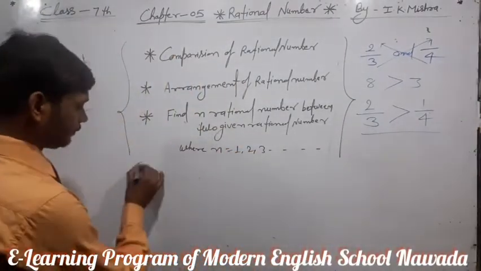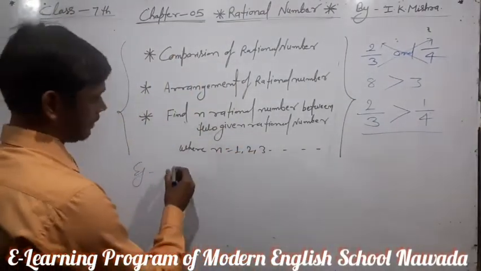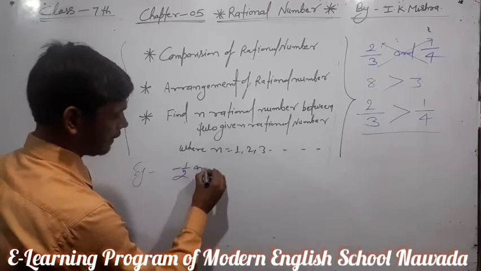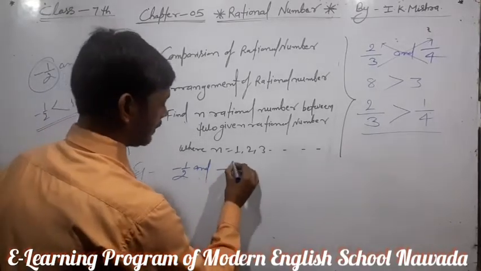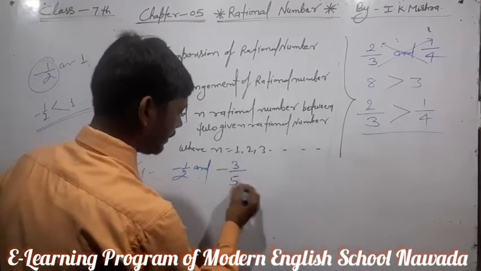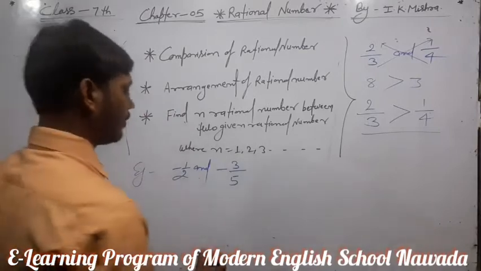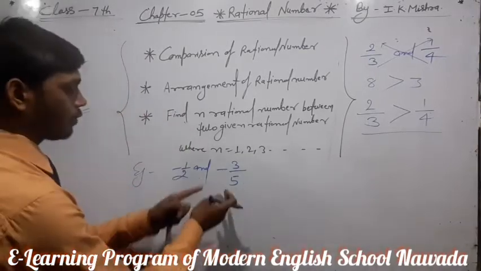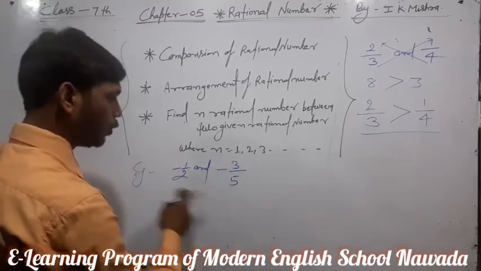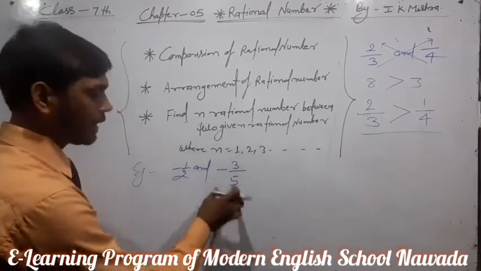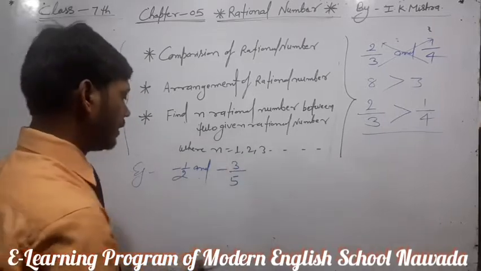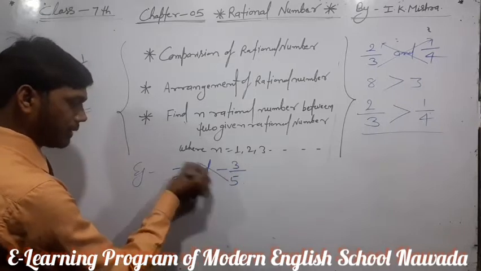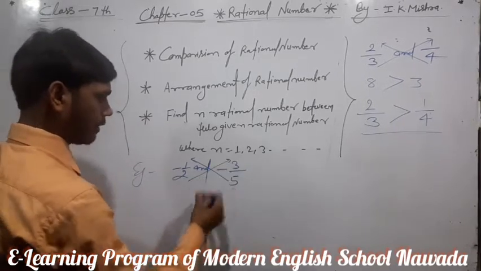Second example, here I write minus 1 by 2 and minus 3 by 5, and you have to compare which is larger and which is smaller. So students, when you do cross multiplication, because both have a negative sign, that means both are negative rational numbers. You multiply this number and this rational number.